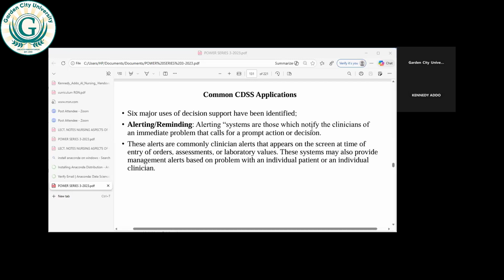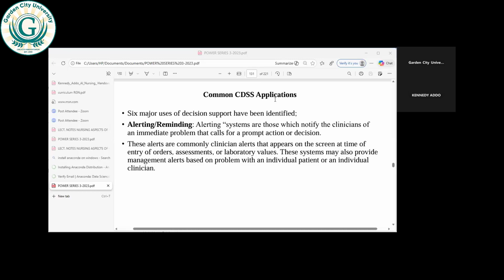But with the advent of electronic health records or decision support systems, until all arrears are sorted out, there's no way the system will permit you to go for further services, right? So that is a clear case of a decision support system ensuring that accountability is always adhered to. That is a very good example.